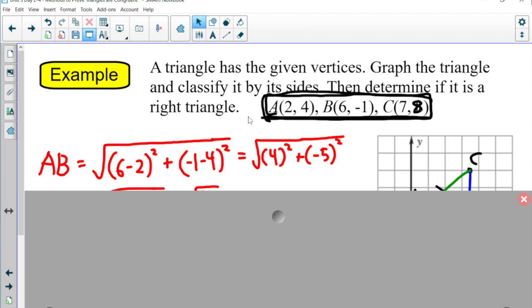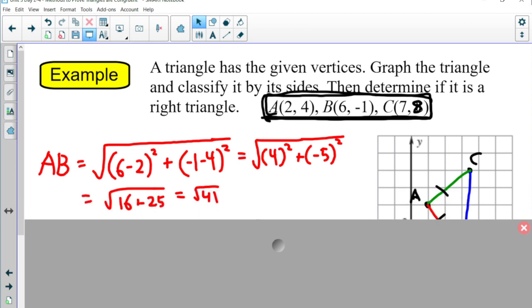X coordinate of B is -1 minus x coordinate of A is 4 squared. Now, when you do that, you're going to have -1 minus 4 is -5. When I square that -5, remember that's going to be a positive because I have -5 times a -5 is a positive 25. Those should always be positive. So we get 16 and 25. That's 41 underneath that square root.